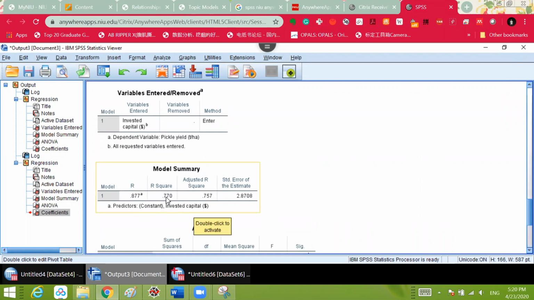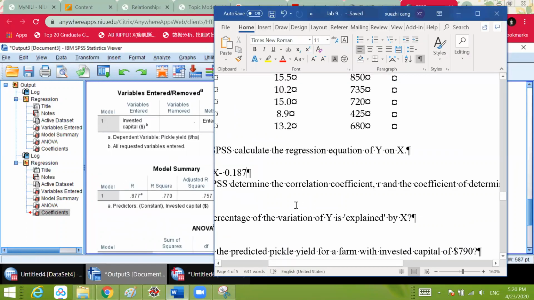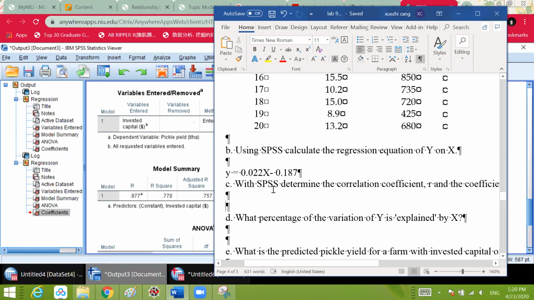So this number is r, and this number is r squared. So r equals 0.877, and r squared equals 0.77. Okay, let's go to the next one.